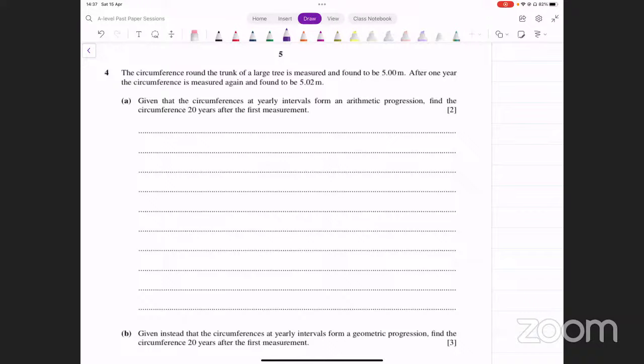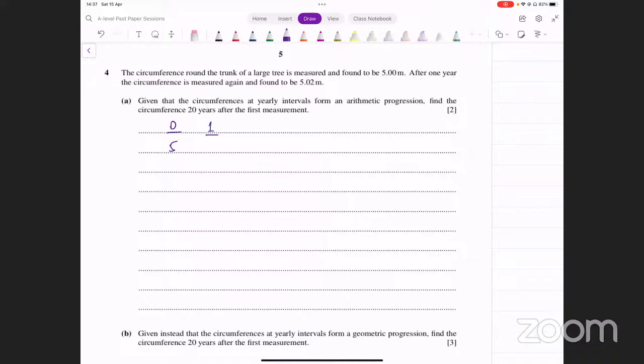Okay, so सबसे पहले क्या है? आपके पास एक value है circumference की, which is 5 meters. Let's write that down here. That's the first value that we have. Then after 1 year, so this is kind of 0th year, you can say. At the start, you're measuring this. Then after 1 year, the circumference is measured again, and it's found to be 5.02 meters.